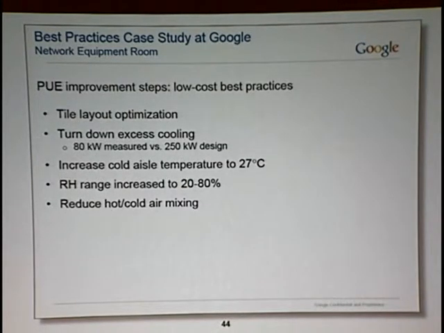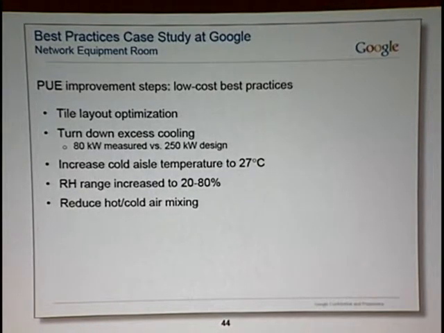They said, okay, we're going to look at the things with the highest payback, the simplest to do, and the quickest to implement. They measured that their load was only 80 kilowatts out of their 250 kilowatt design, so they started doing airflow analysis and shutting down equipment. They were able to increase the relative humidity, which Wayne alluded to as one of the big cost items in our PUE study.